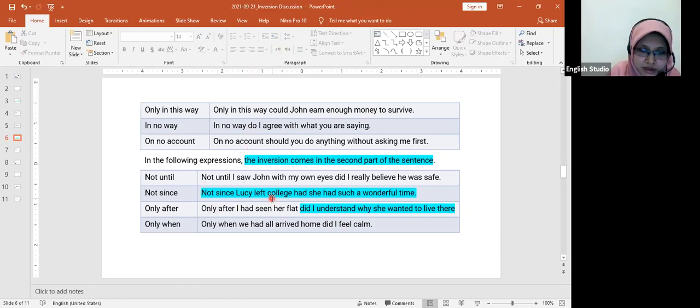Okay, actually, Miss, when we use since, ya, since itu usually in present perfect, it will be in past tense, Miss. Not since Lucy left college, had she had such a wonderful time. Jadi, for example, kalau dibalikan ini sebenarnya she hadn't had such a wonderful time since she left college, ya.